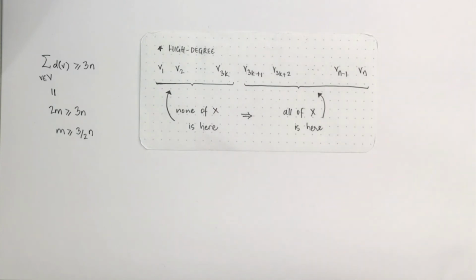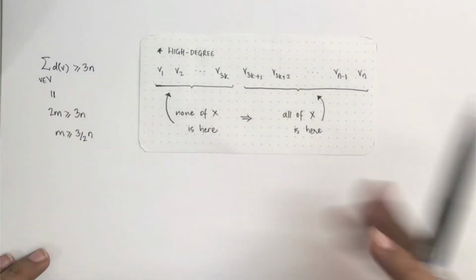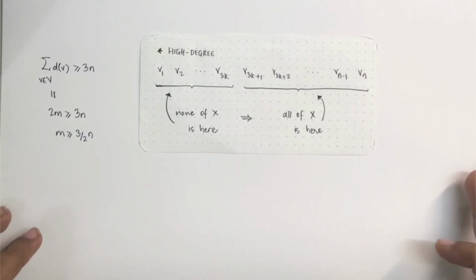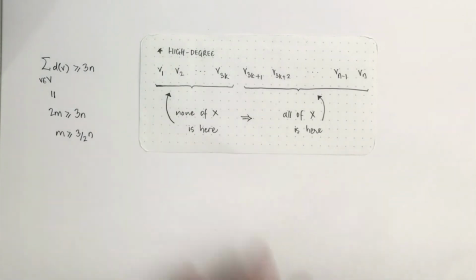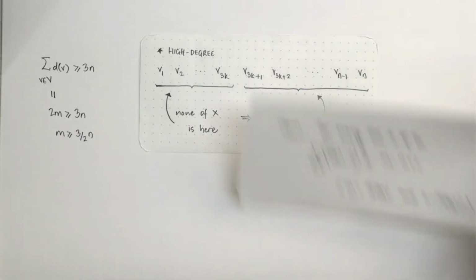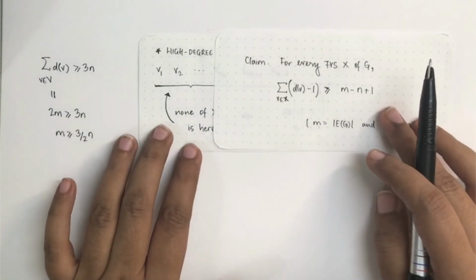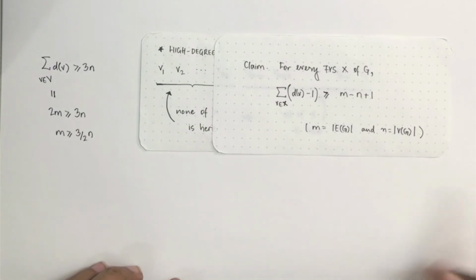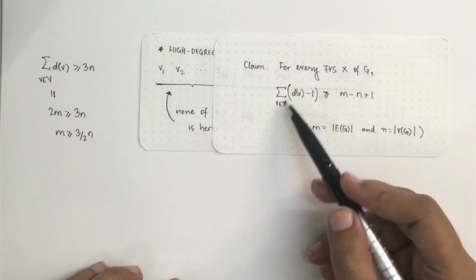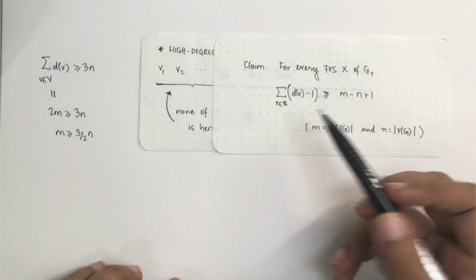So let's try. Let's start with this expression which involves the sum of the degrees, and break that down into two parts: first, the top 3k vertices, and then the remaining vertices. Let's also recall the previous claim that we showed, which had to do with the sum of degrees in the context of the vertices of the FVS.